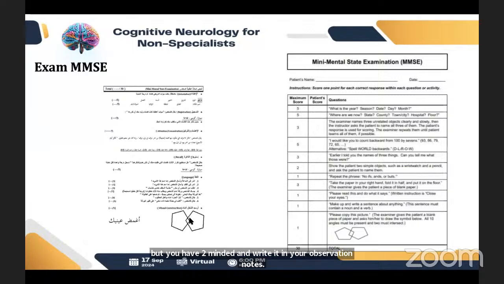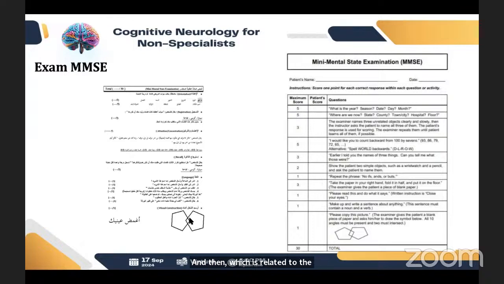So here is the Mini-Mental State Examination. At the beginning, you will ask the patient to tell you the date, the year, and the season. When we say the date, we mean the date, the day, and the month. This is related to the patient's orientation.